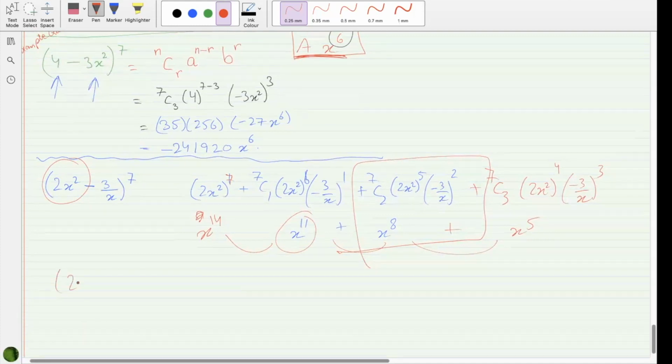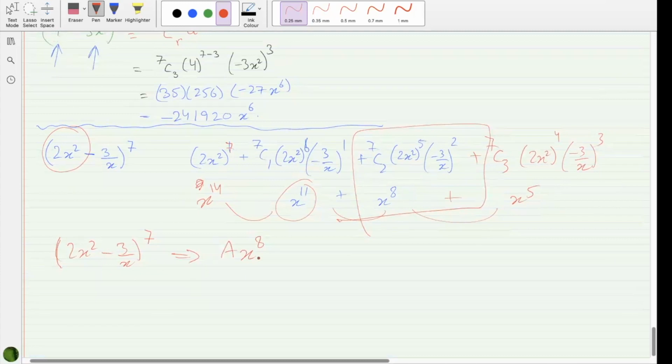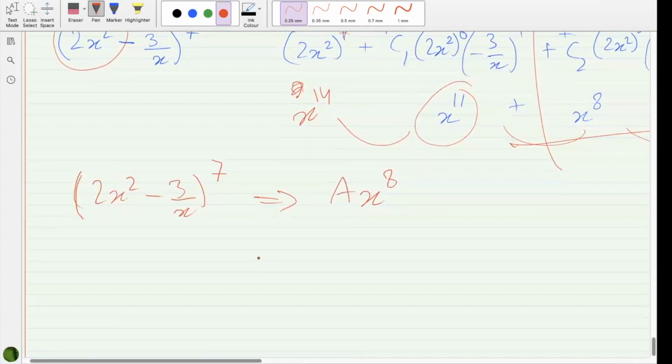We copy this question, 2x square minus 3 over x power 7. And the examiner wants you to find the coefficient when it is x power 8, and we're not sure. So this is how we do it. We write 7C r. r is unknown because we don't know.